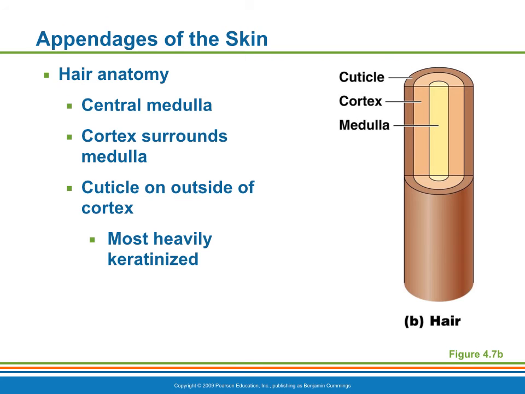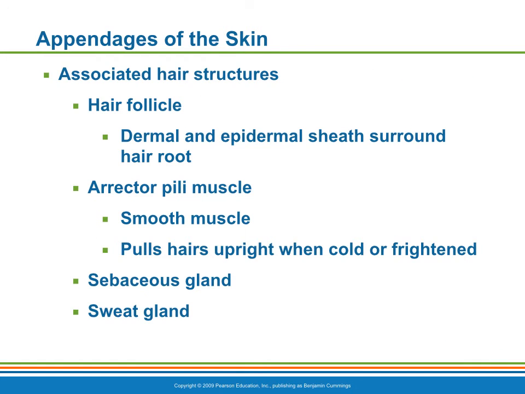As I said, the hair has 3 layers. The inner core is the medulla, the middle layer is the cortex, and the outer layer is the cuticle. Hair follicles fold down from the epidermis into the dermis and occasionally into the hypodermis.